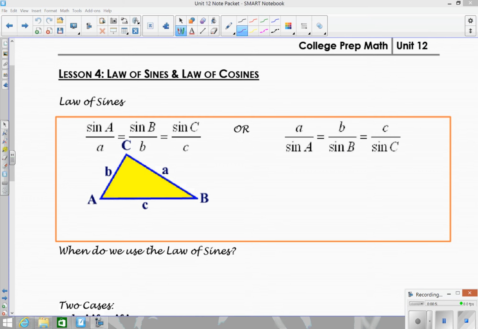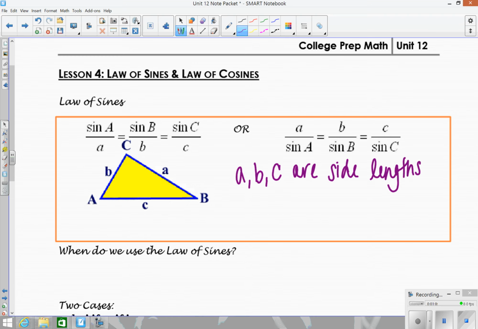One thing that is important here is to understand the difference between the capital letters and the lowercase letters. The lowercase letters represent the side lengths, and the capital letters represent the angles.